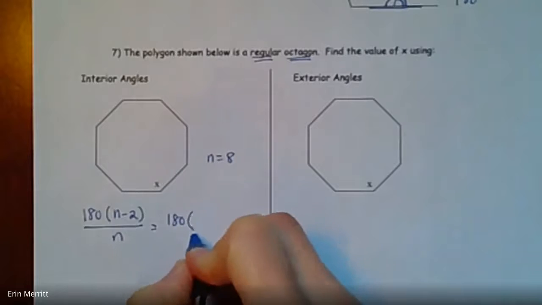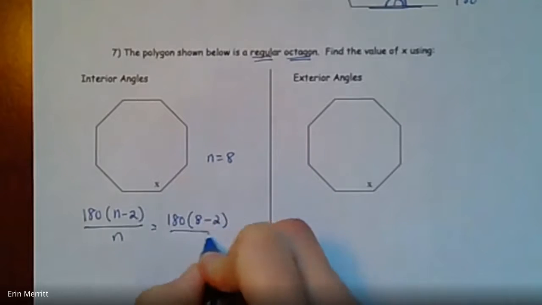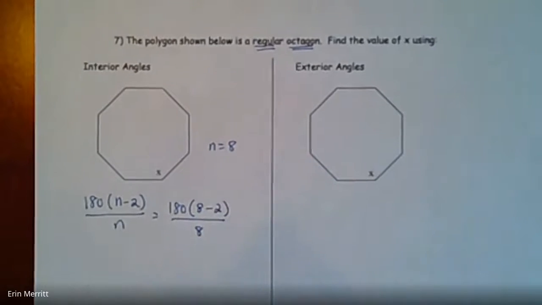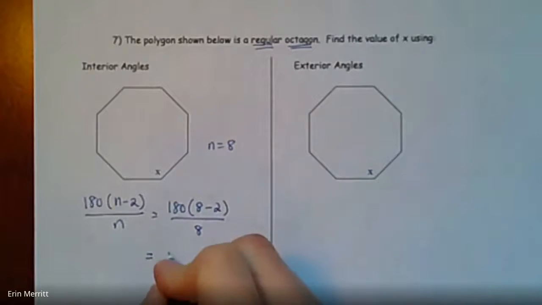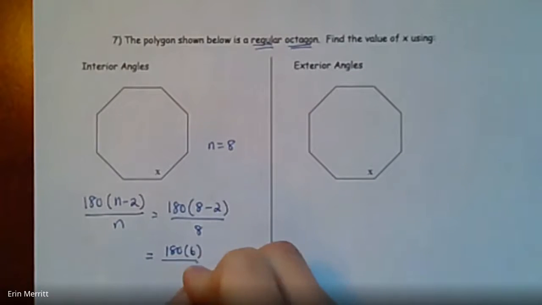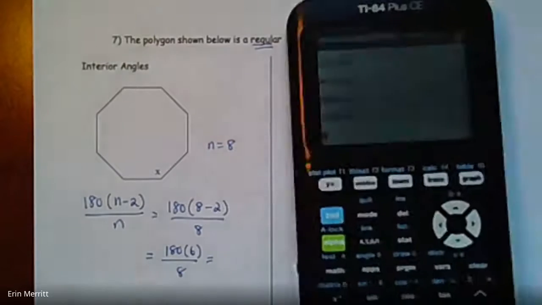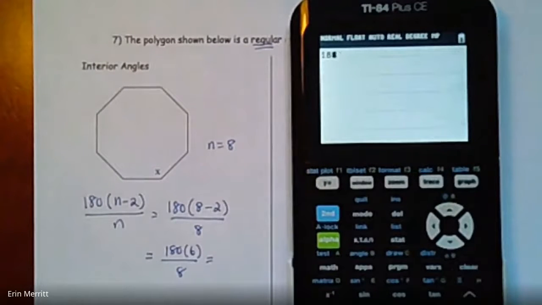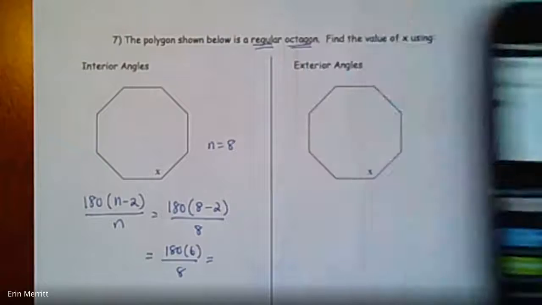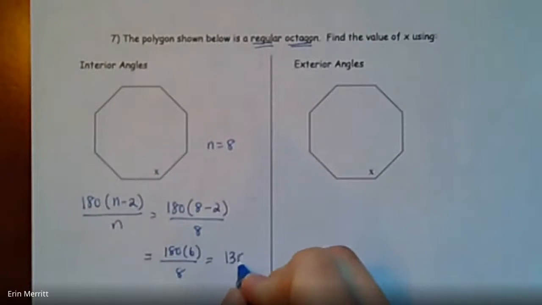So if we do 180 times 8 minus 2, and then divide it by 8. Let's calculate what that'll give us. So 180 times 6, that gives us 1,080, and then divide that by 8. The answer comes out as 135 degrees.